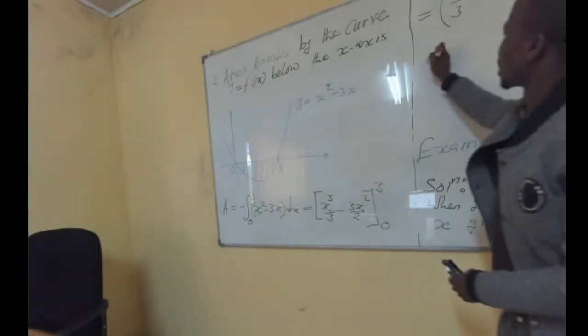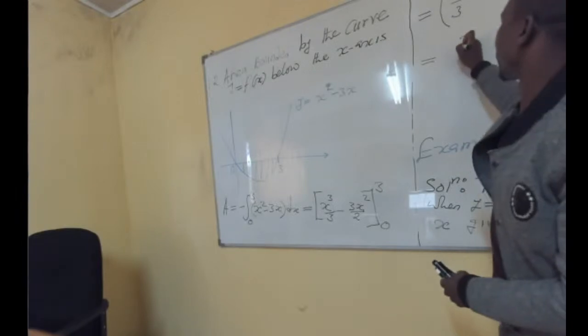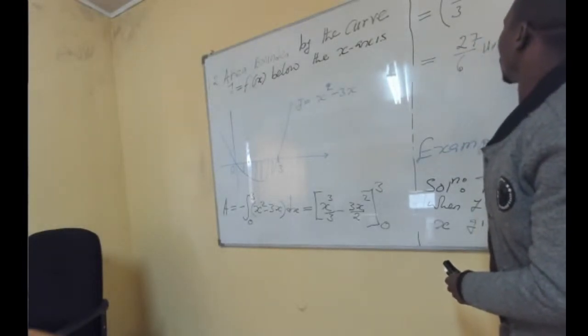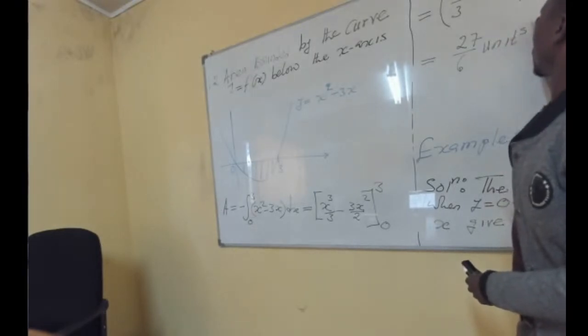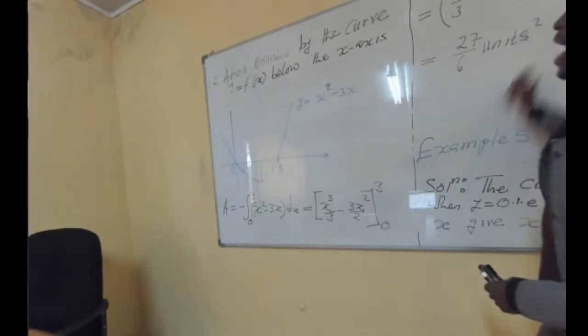When you simplify this, what you're going to get is 27 over 6 units squared.